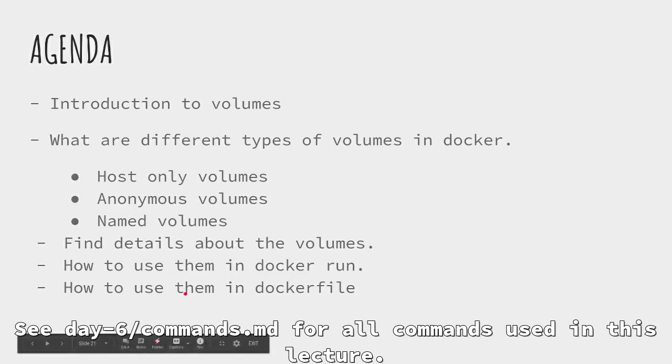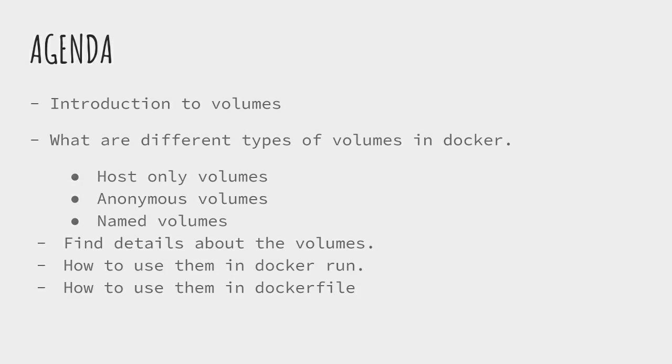The last part is to know how to use them in a Dockerfile. I'm going to leave this as an exercise for you so that you can read online about how to use a volume command in a Dockerfile. Whatever we have done directly on the command line, you can write the same thing but in a different syntax in your Dockerfile. If you can't do it, I'm going to show you that in the next lecture.